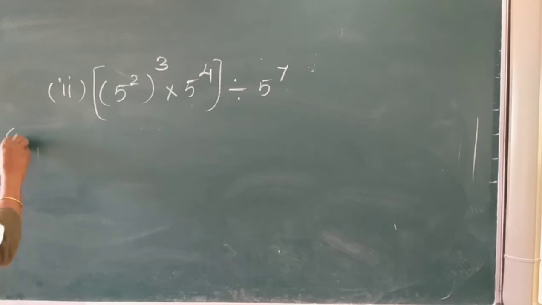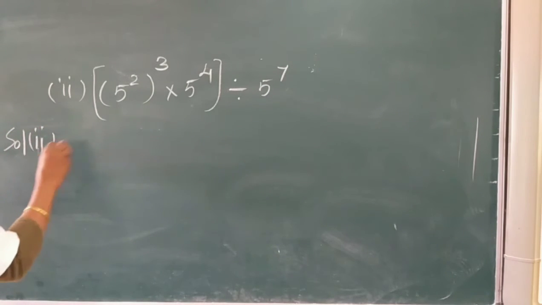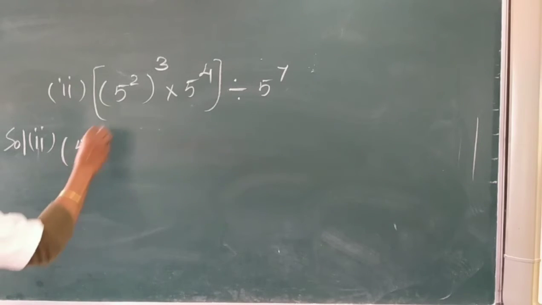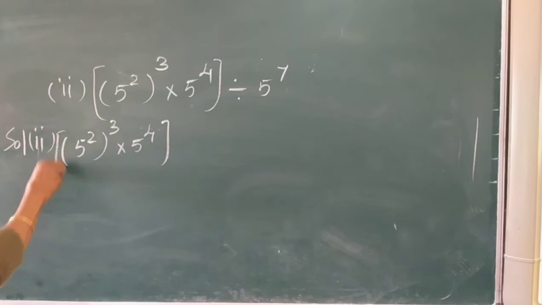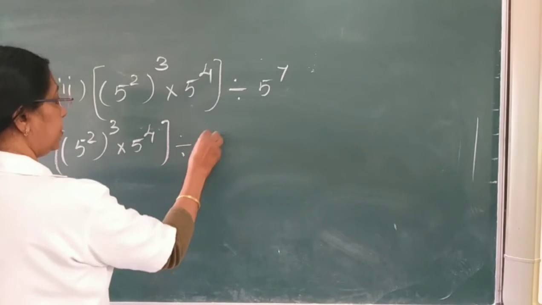Okay, solution. 5 square the whole raised to 3 into 5 raised to 4 divided by 5 raised to 7.